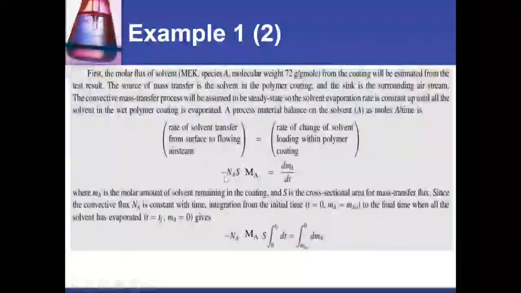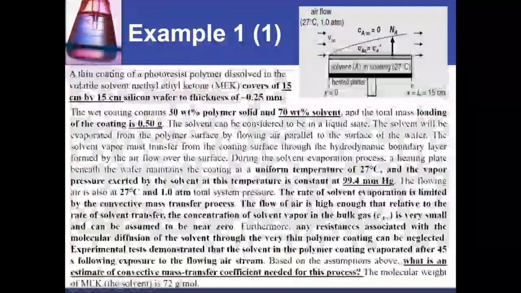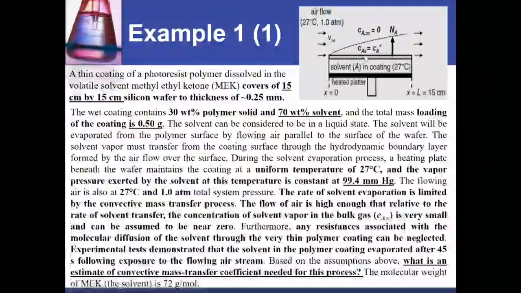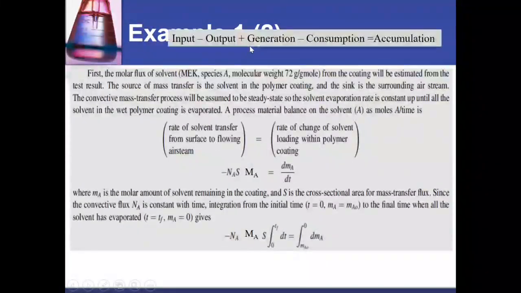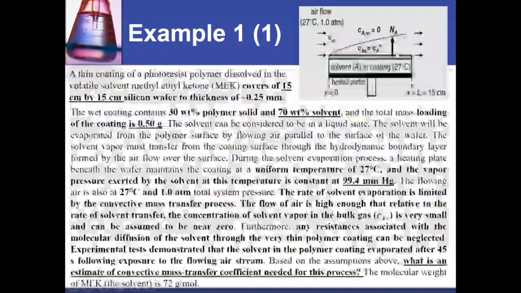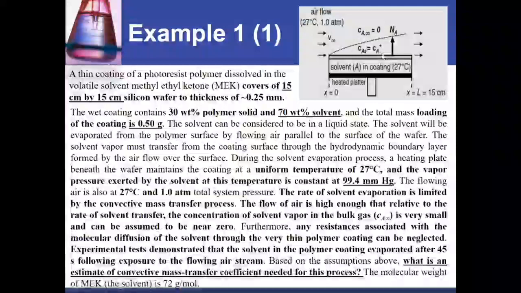So the balance on the coating gives us this equation: minus output equals accumulation. But if I do a balance on just this point here, the interface, since there's no accumulation, the input to this point will equal the output.